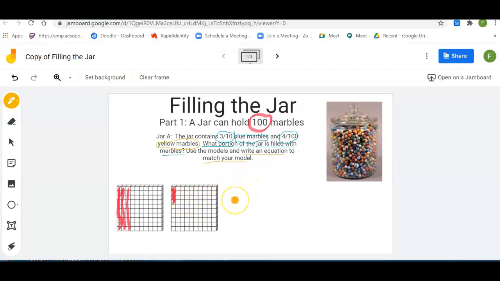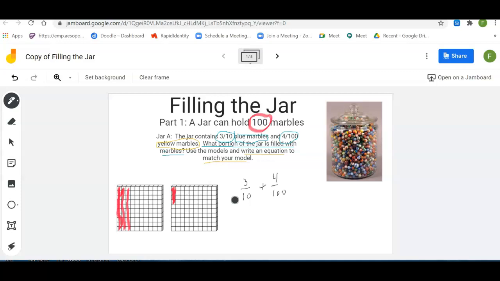And let's go ahead and look at an equation for that one. So when I look at an equation, I'm going to change my color here. 3/10 plus 4/100.